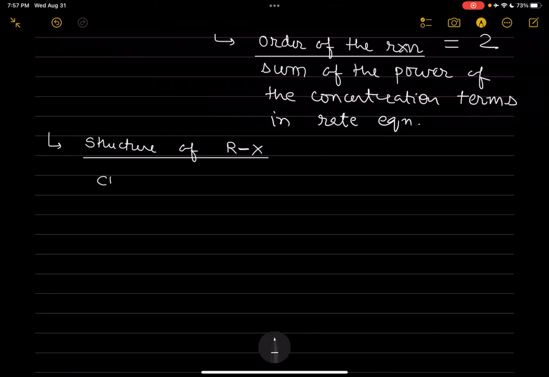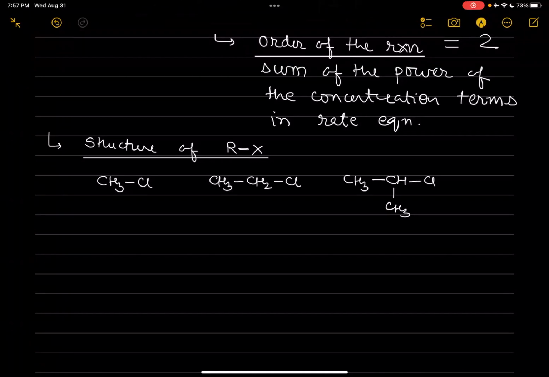For example, we take CH3Cl, CH3CH2Cl, and so on.